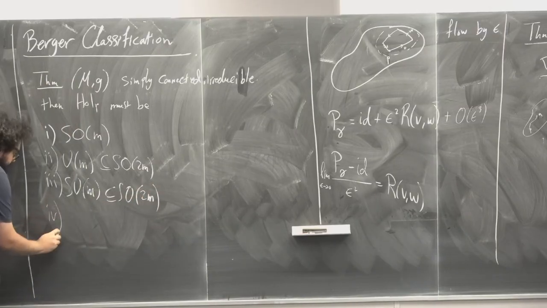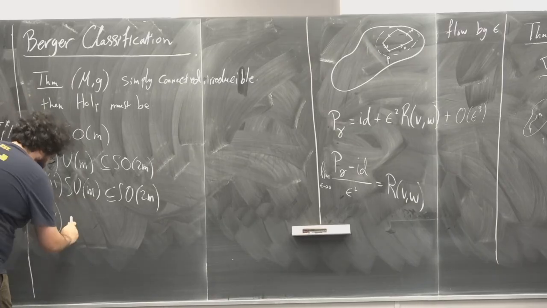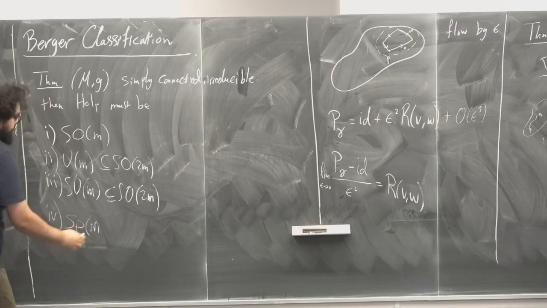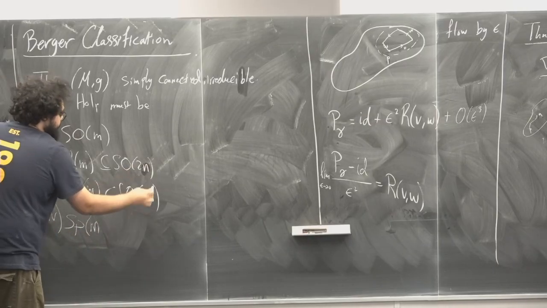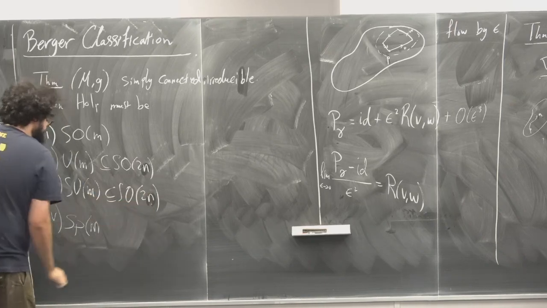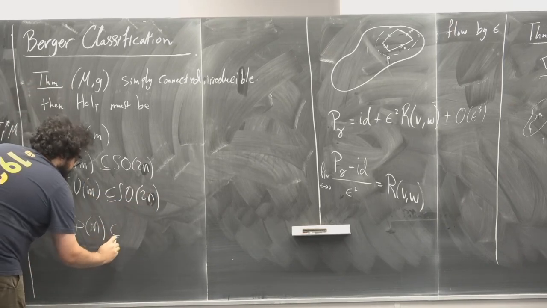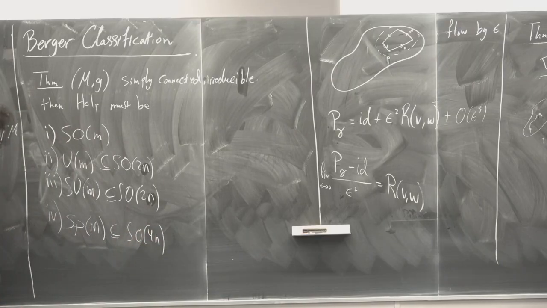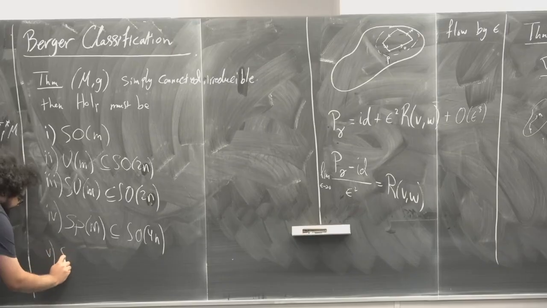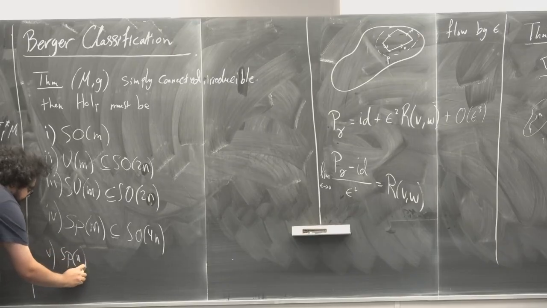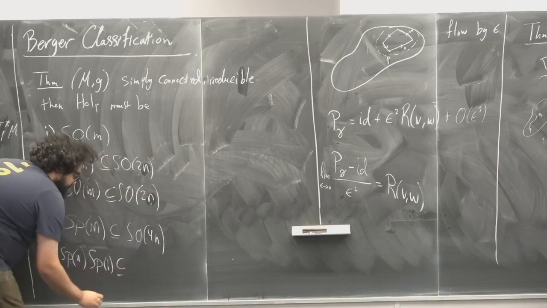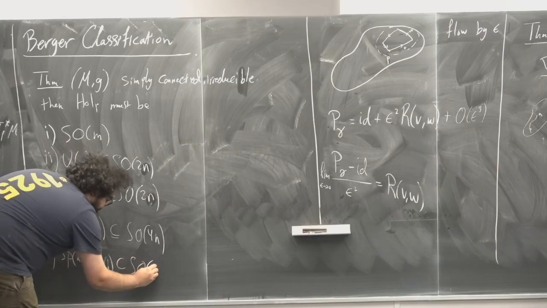It can be Sp(n), sorry, Sp(2n). And so for n, it can be Sp(n)·Sp(1), which lives inside of SO(4n) as well.